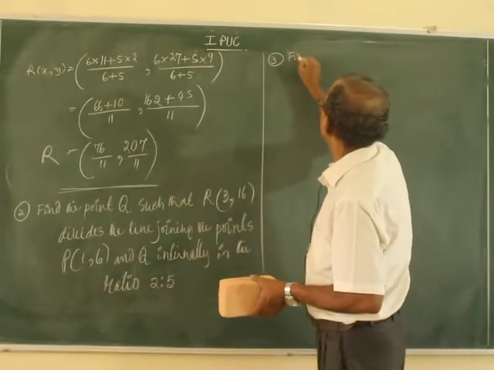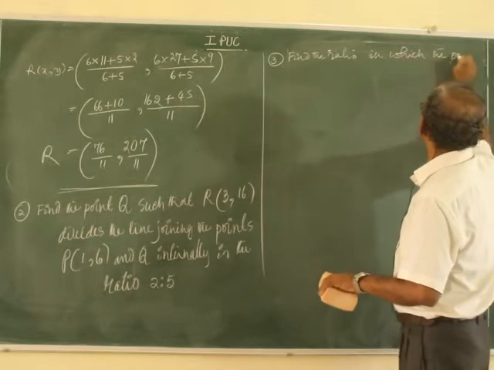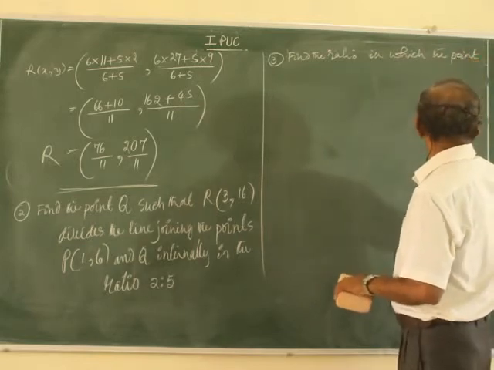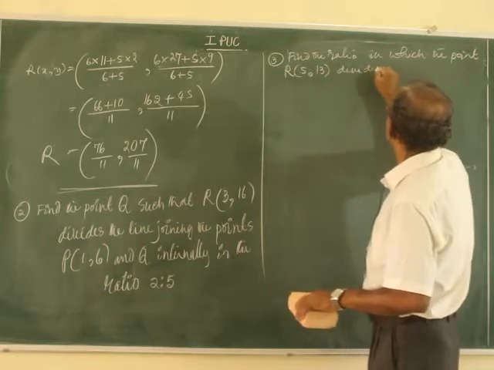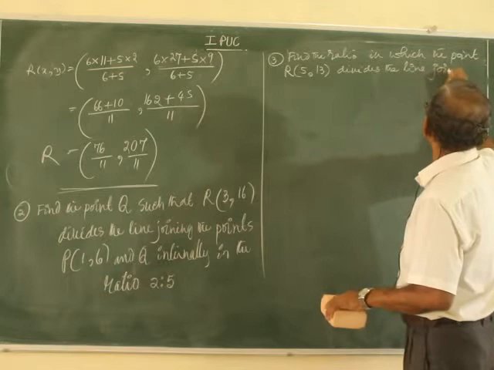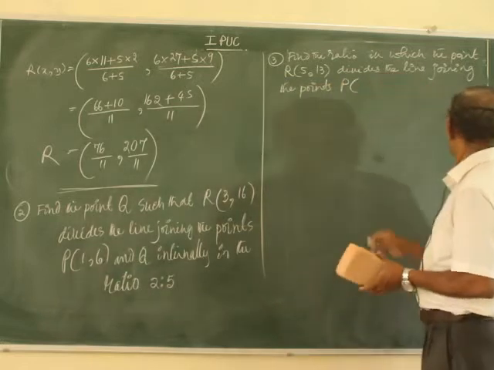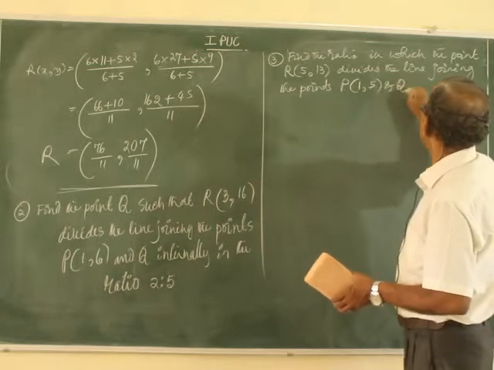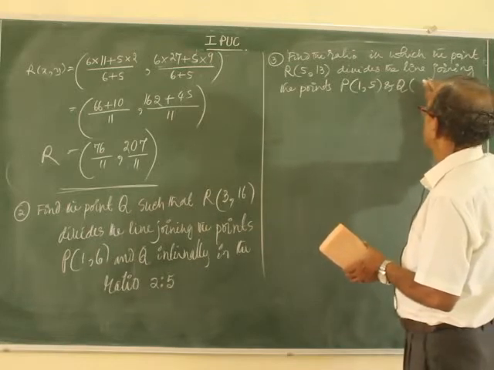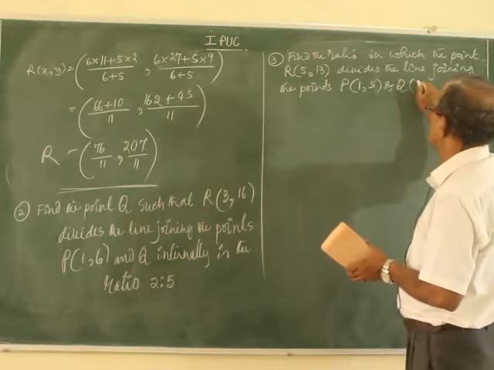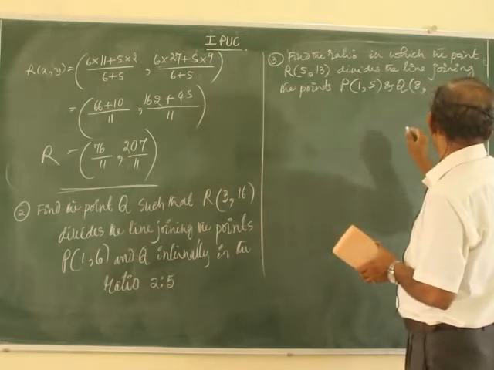Find the ratio in which the point R(5, 13) divides the line joining the points P(1, 5) and Q(8, 19).